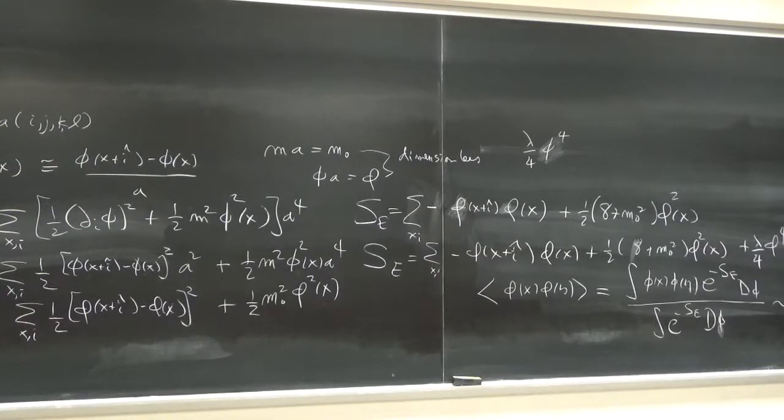And on a given size lattice, as you vary m0, this mu that you find should approach some constant value, and that would be the mass of the particle in that theory.